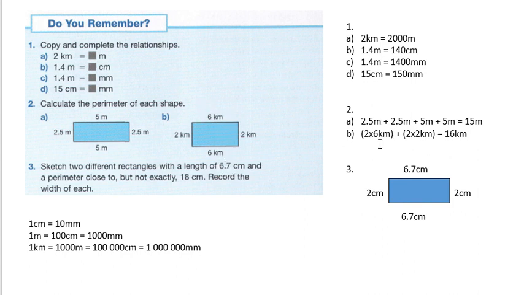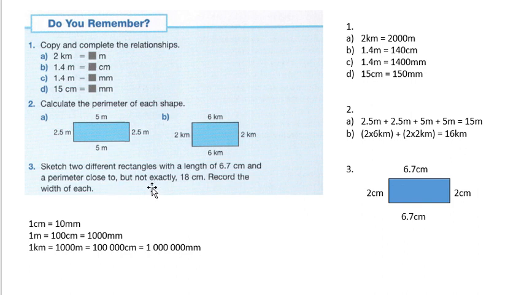So right here I have 2 times 6 kilometers. And that gives me the sum of these two sides. And now I have 2 times 2 kilometers. And that gives me the sum of these two sides. So 2 times 6 is 12. The sum of this is 12. And 2 times 2 is 4. So 12 kilometers plus 4 kilometers is 16 kilometers.